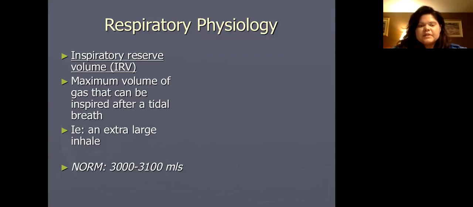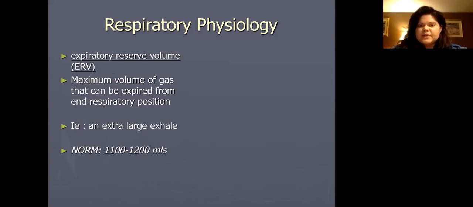Your inspiratory reserve volume is the maximum volume of gas that can be inspired after a tidal breath, or an extra large inhale. Normal is about 3,000 mils. Your expiratory reserve volume is the maximum volume of gas that can be expired from end respiratory position, so a large exhale.